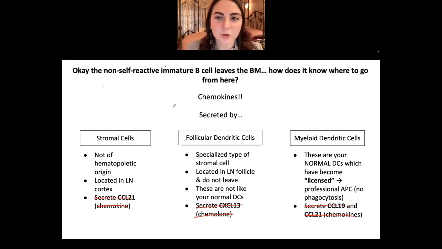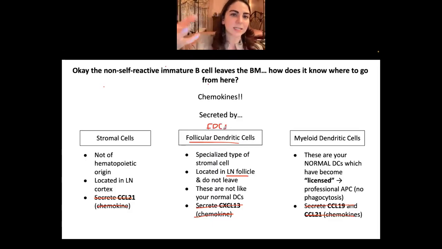These are cells that are usually found in the secondary lymphoid organs. For example, follicular dendritic cells are located in the lymph node and they don't leave. These are not normal dendritic cells. They're called FDCs. They only exist in the secondary lymphoid tissue, like the lymph node, and they secrete chemokines to get B cells to come to it. Stromal cells, same thing. They're in the secondary lymphoid tissue.